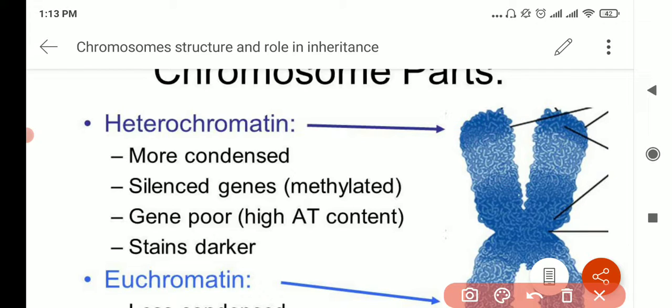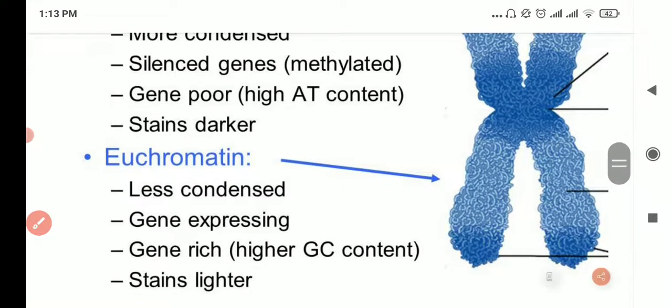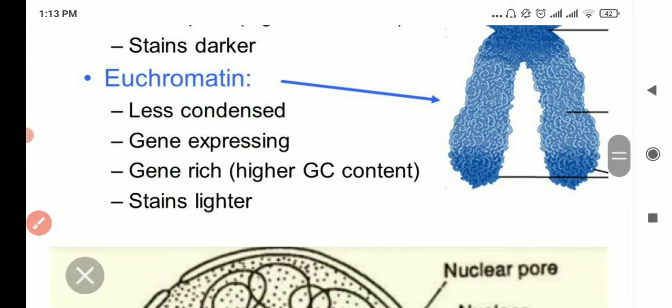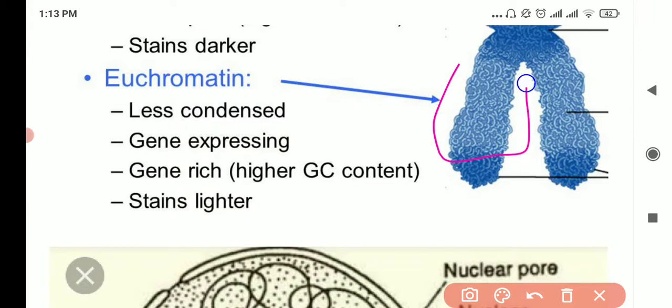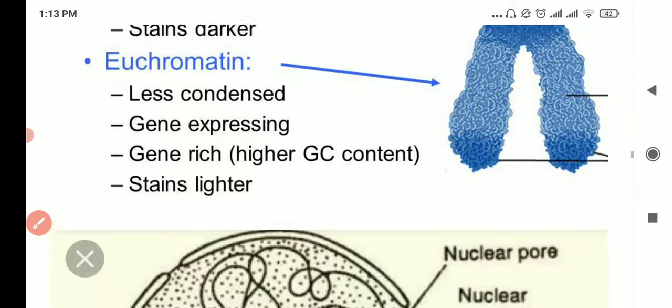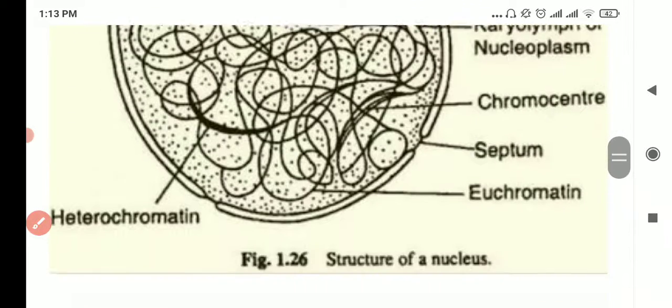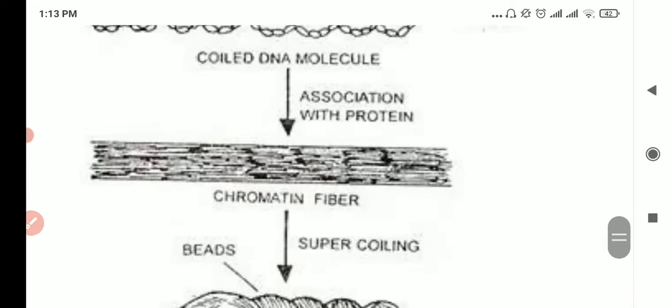So the euchromatin is less condensed. As you can see, this one is light blue in color and they express the genes, okay. They are gene rich, the opposite of the one we saw, rich in guanine and cytosine content. And the stain is lighter, okay. Then this is the structure of the nucleus.